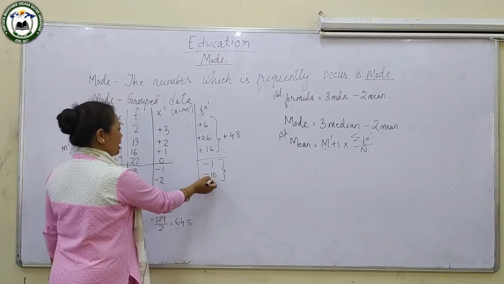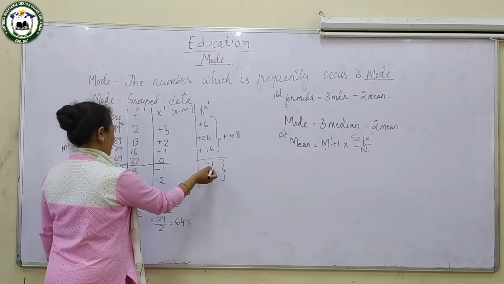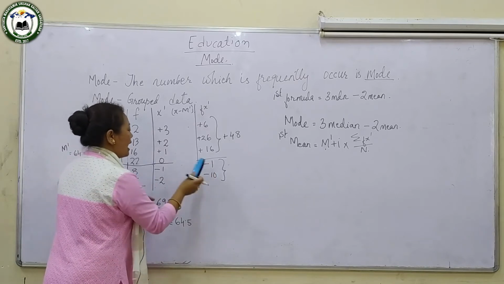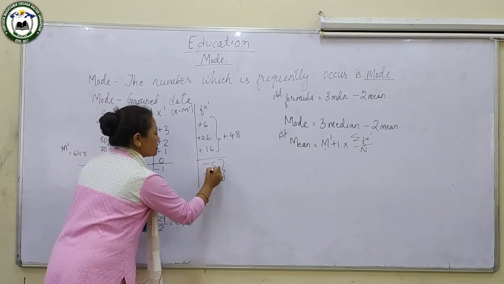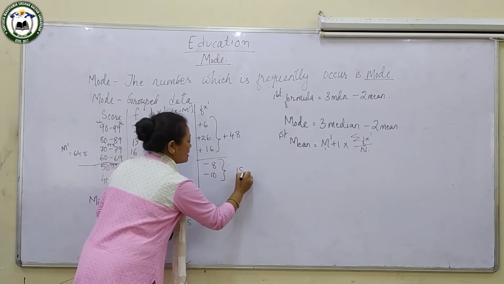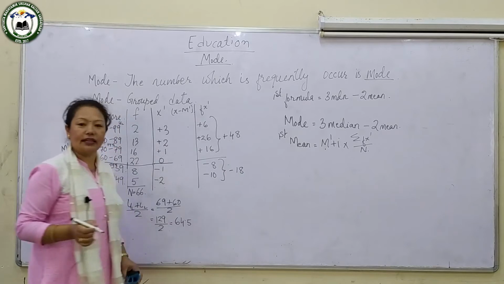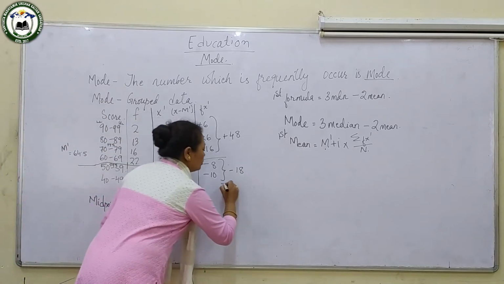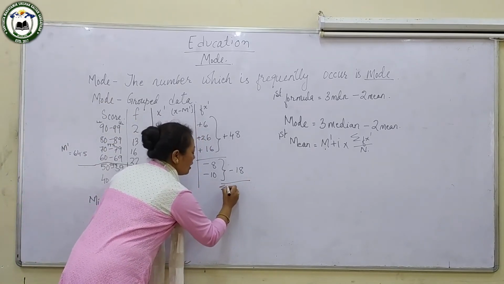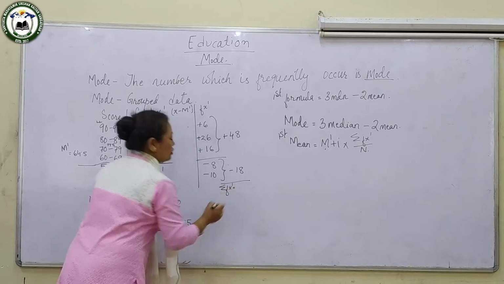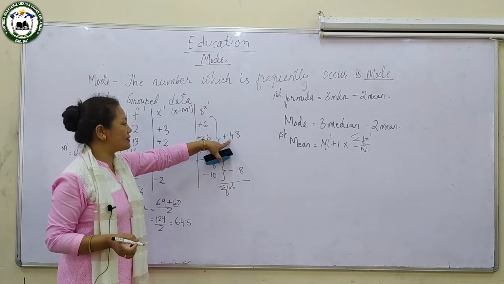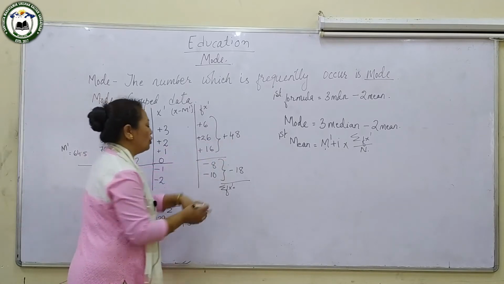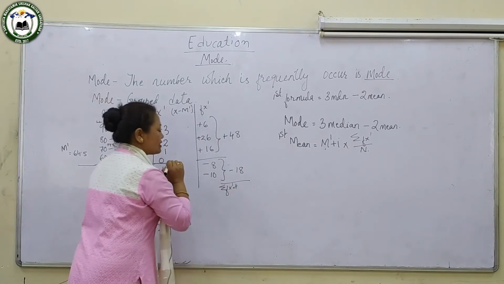Now 10 and 8 is 18, but the sign is negative. So now you have sigma fx dash, since the greater number has a positive sign, it has a positive sign.